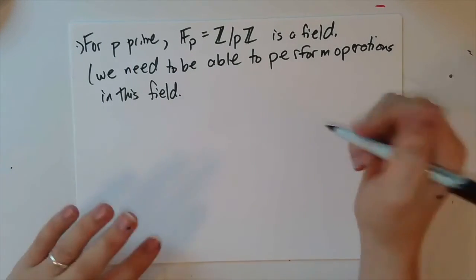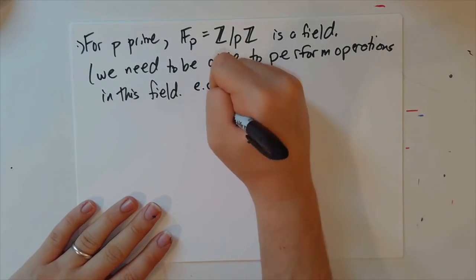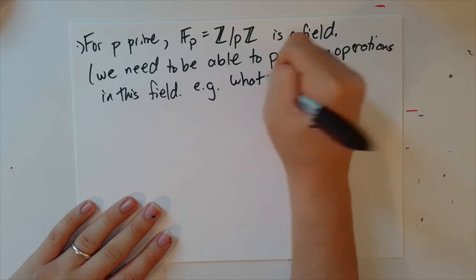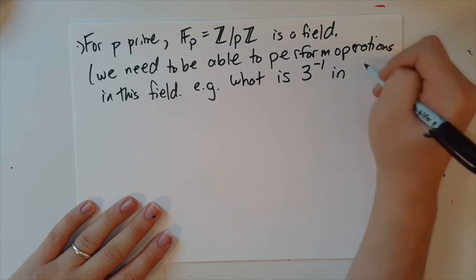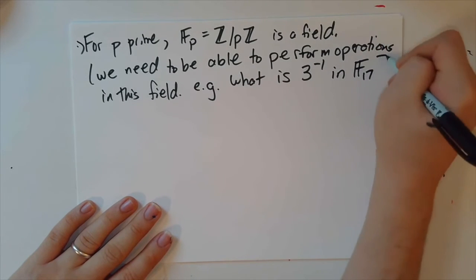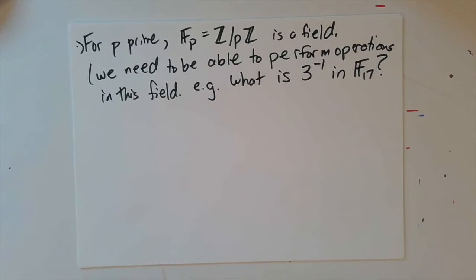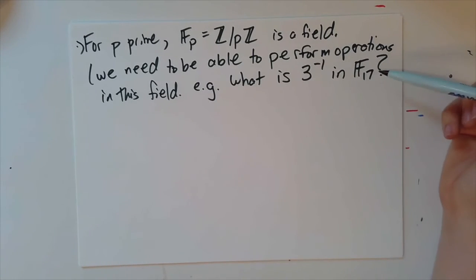So for example, if I ask you what is 3 inverse in F_17, you have to be able to think about it and eventually give me the answer.